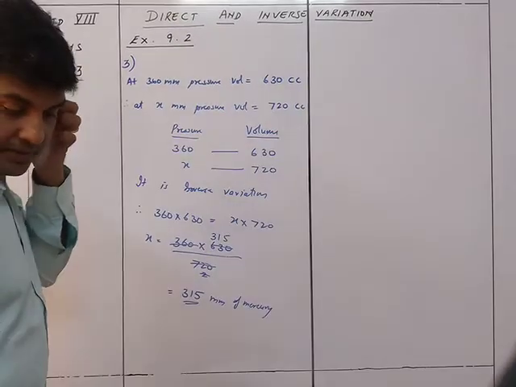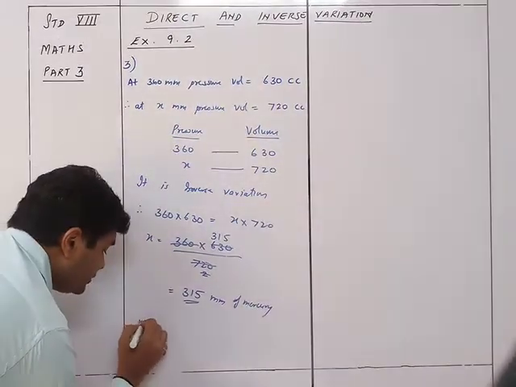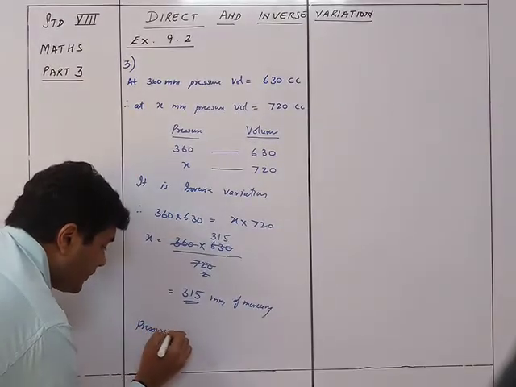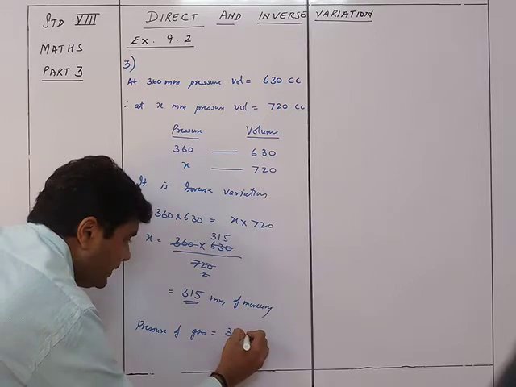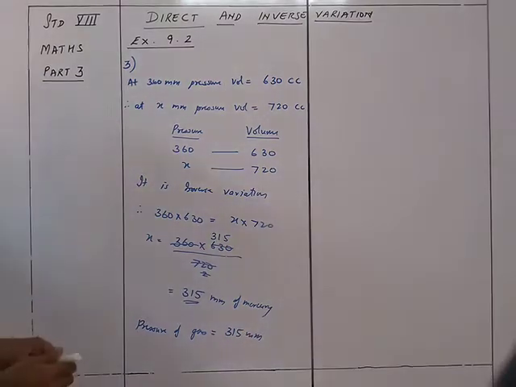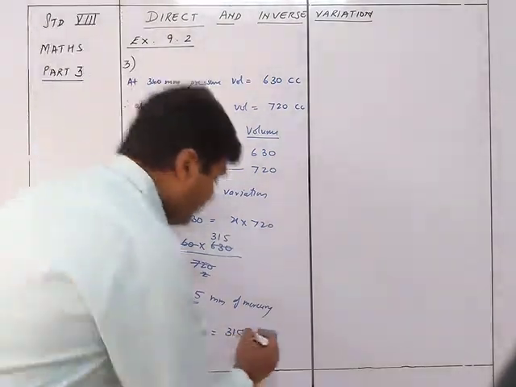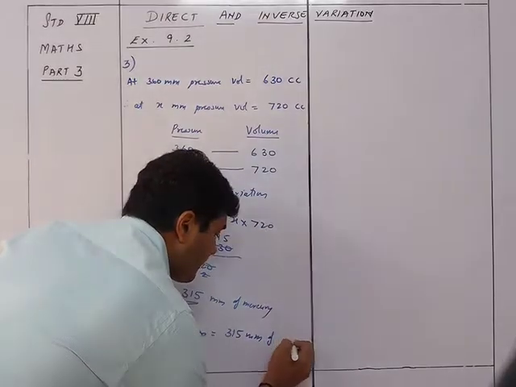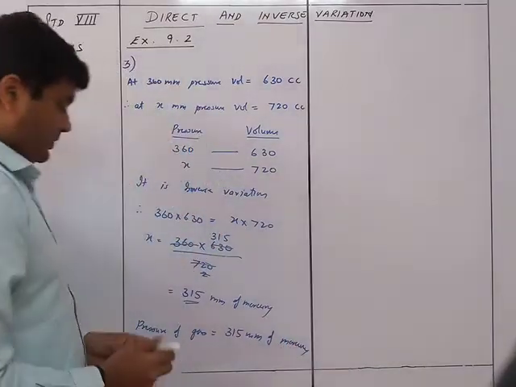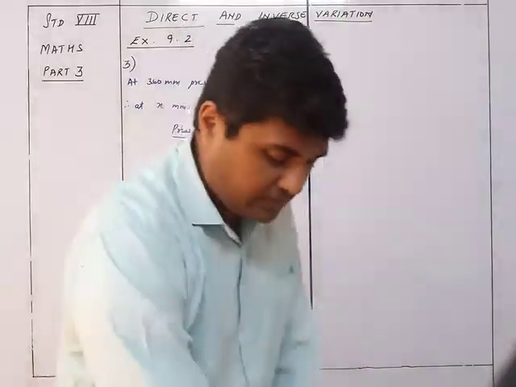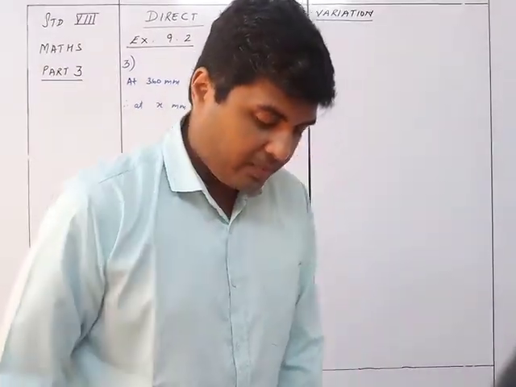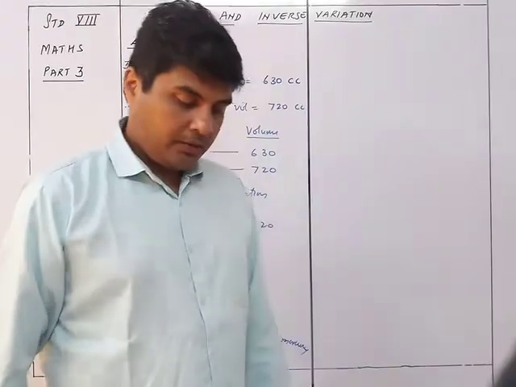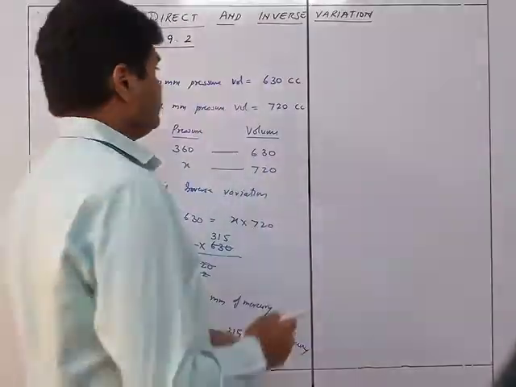So the pressure of the gas is equal to 315 mm of mercury. Okay, that was sum number 3. We now move on to sum number 4.